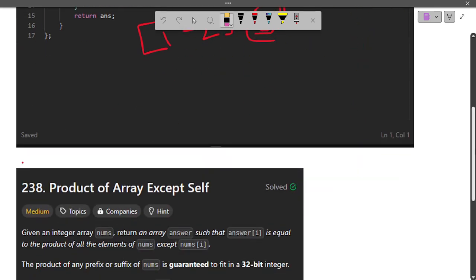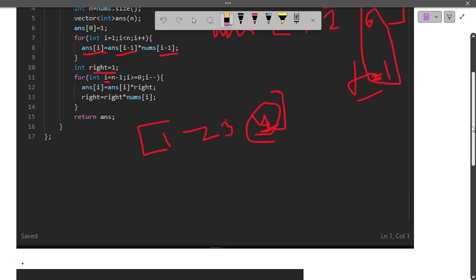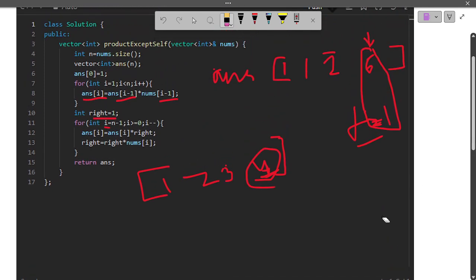Here I will write the answer. So the next time the right value becomes 4, we multiply 4 into 2, so it becomes 8. We updated the answer array like this.